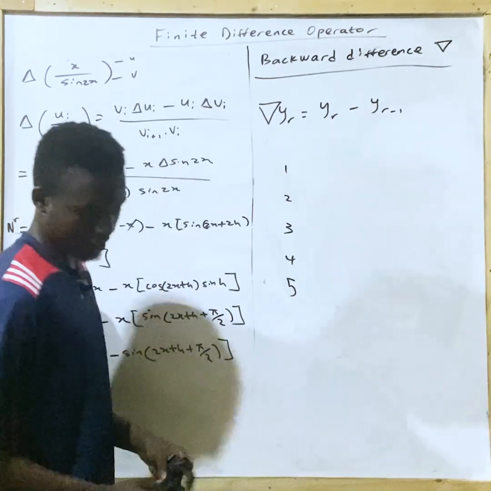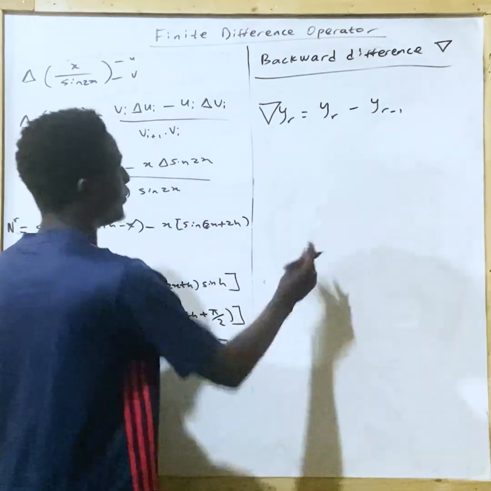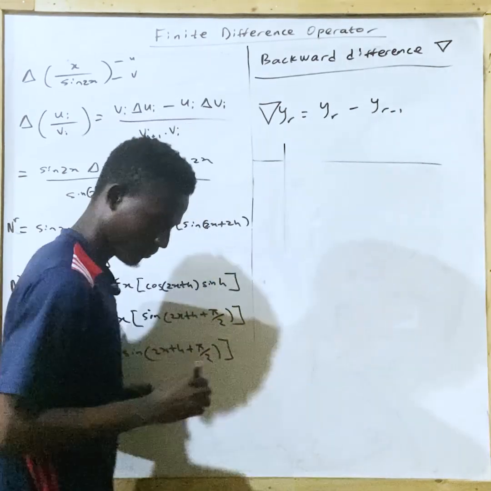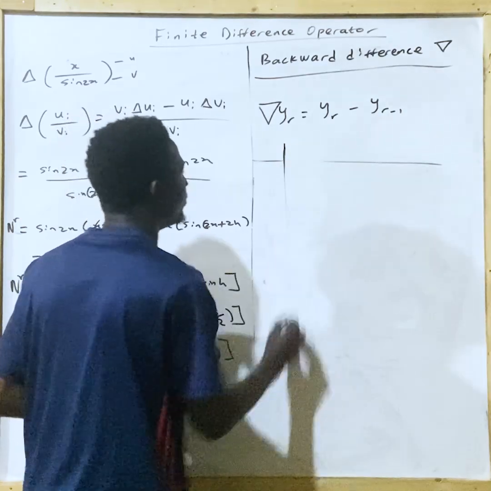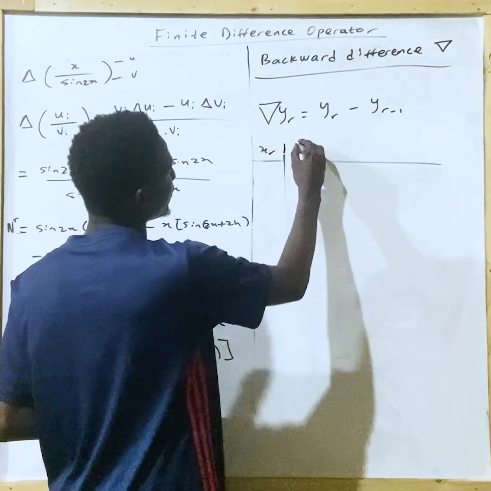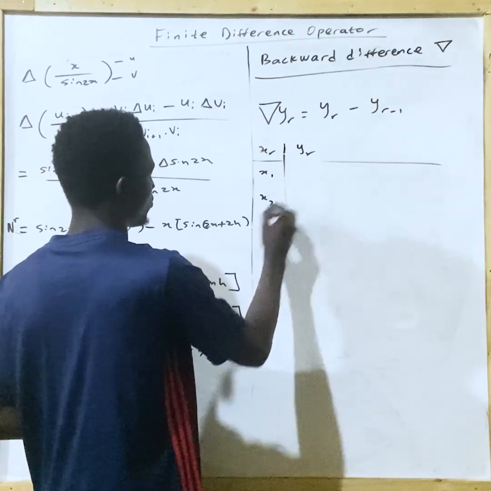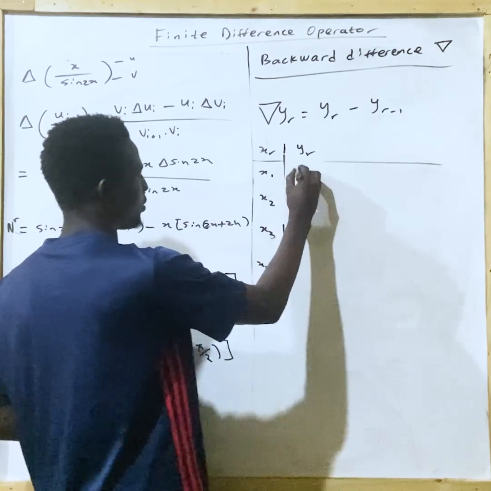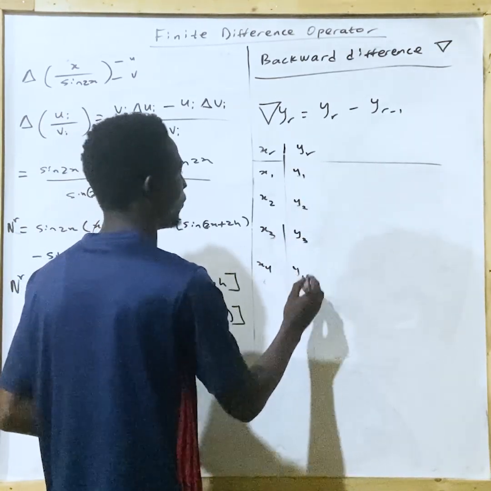So let's try to draw a table as usual. We have a table where here is x_r and here is y_r, with x1, x2, x3, x4 and y1, y2, y3, y4.